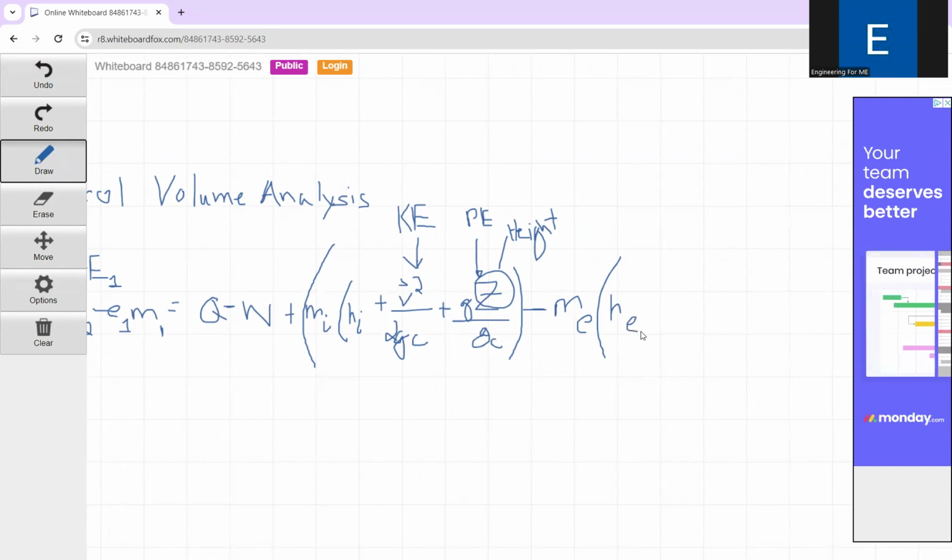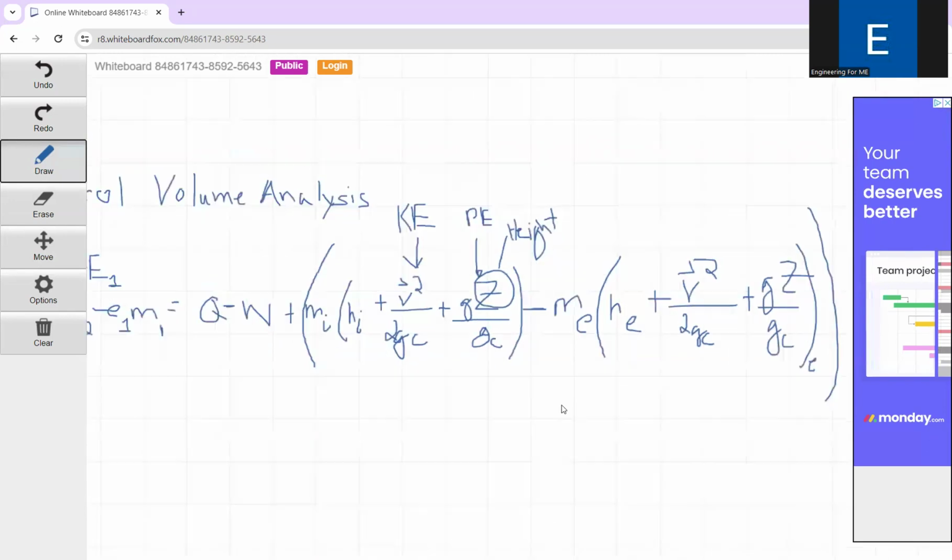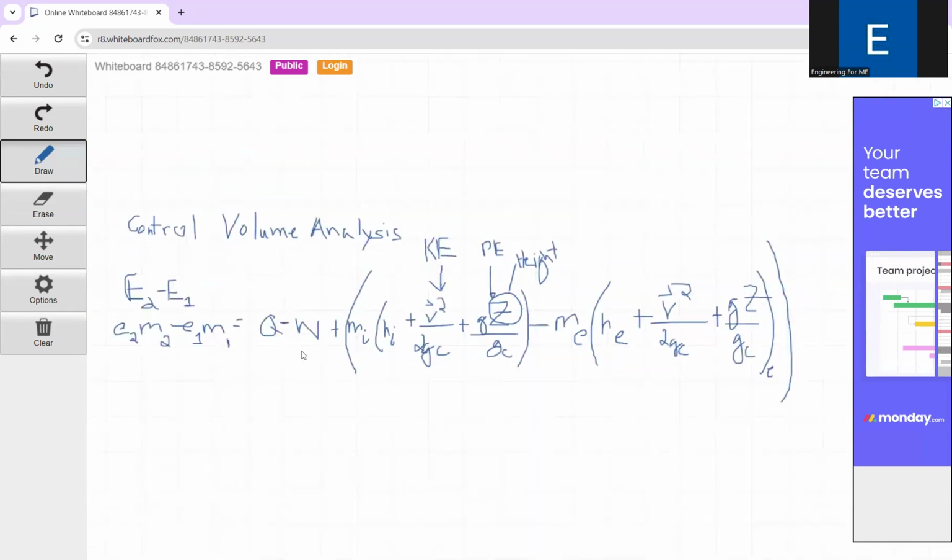So H, velocity. Out. All this is kind of out. So this is pretty much the main formula you want to know.